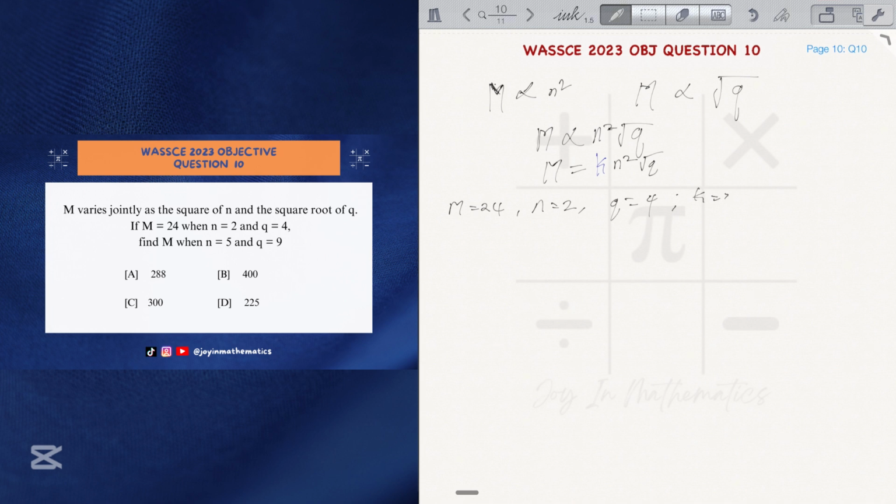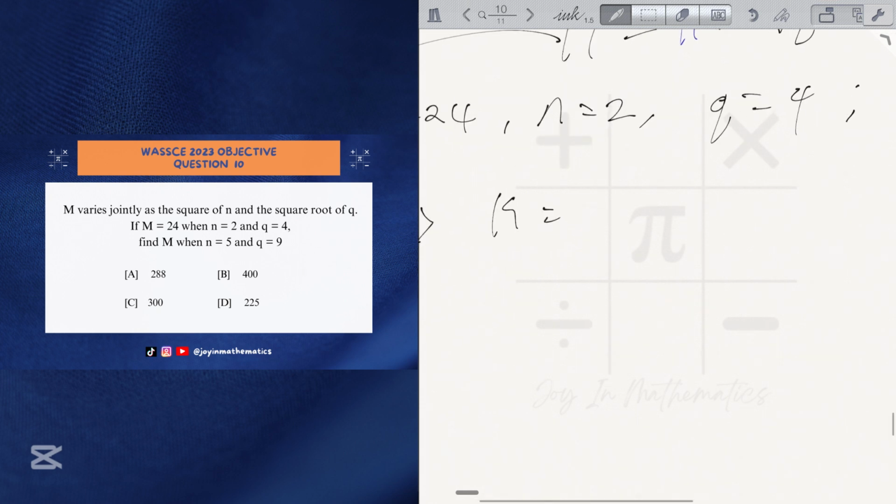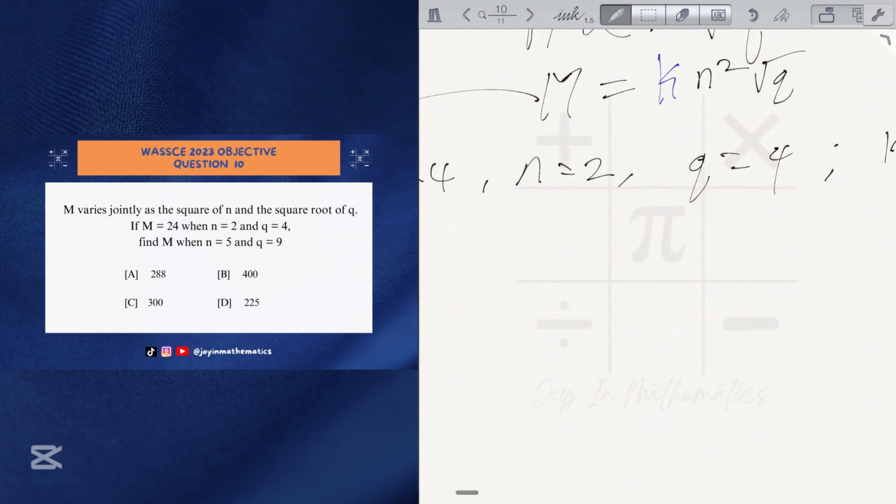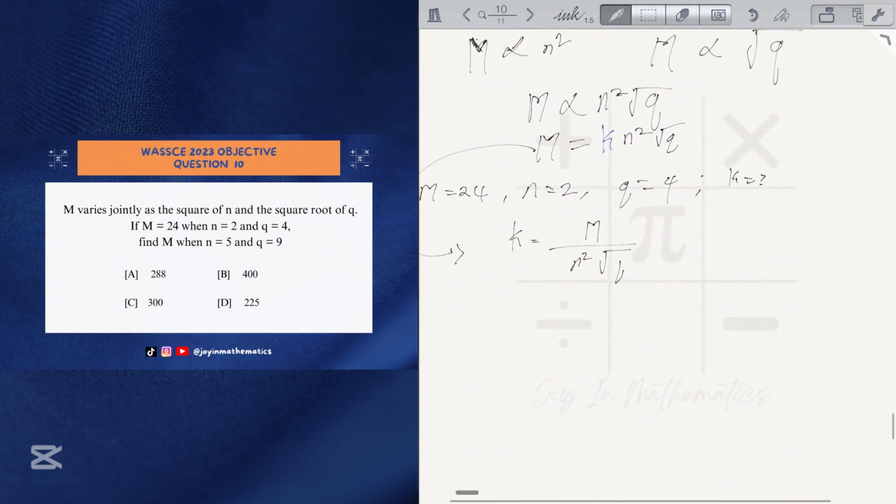So let's make k the subject of the formula. If we divide both sides by n squared root q, k will be equal to m divided by n squared root q. So with this, we can easily find the value of k.